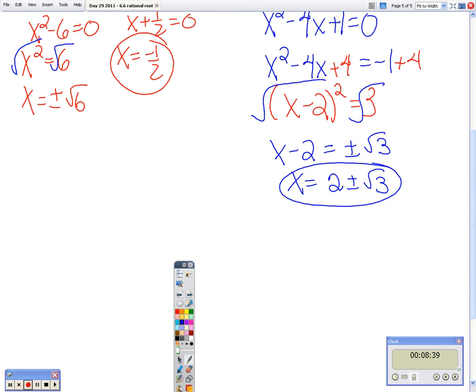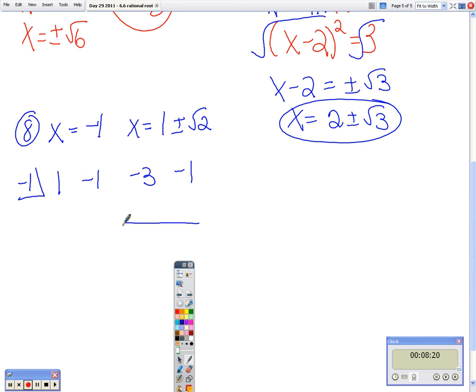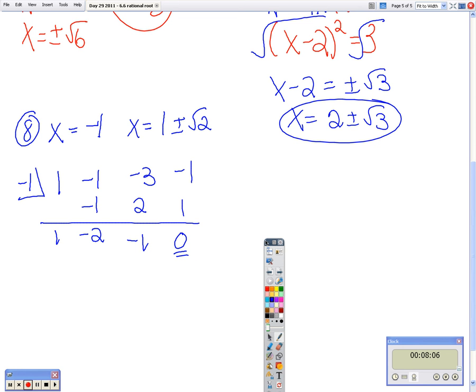Okay, last but not least, number 8. I get x is -1, and x is 1 plus or minus root 2. So I started with -1 for my synthetic division. I get my remainder of 0. So here's how my -1 is my first rational 0. Then I'm left with x squared minus 2x minus 1 equals 0.